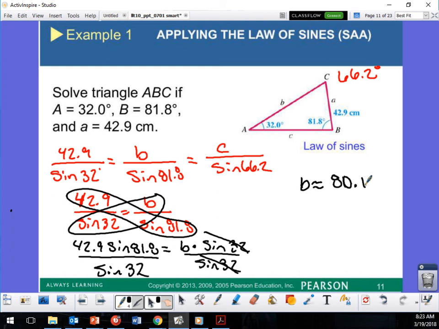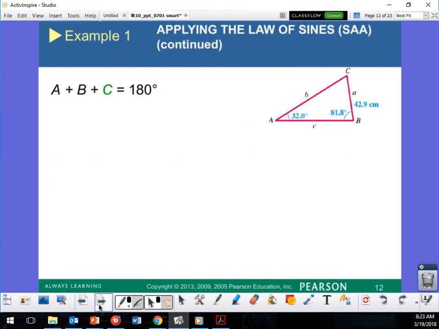Now, for little c, I'm going to go to the next page so you guys can see it. So I still have to set it up, right? So little c, so it would be 42.9 over sine of 32 is equal to, how would I set up the other part? Little c over sine of, what did we say c was?